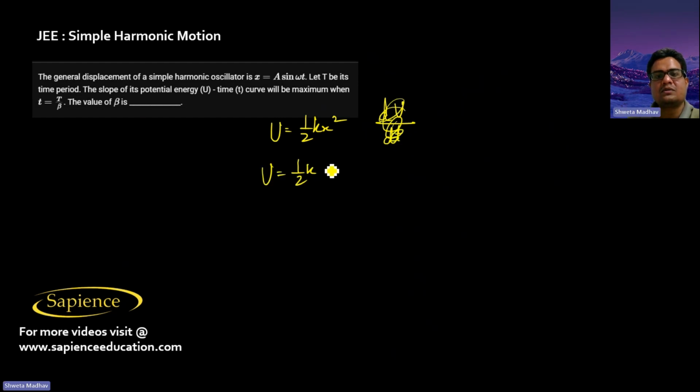So the potential energy U, we know that it is half k x square. So the slope will be maximum, meaning dU by dt is maximum. So U is equal to half k into a square into sine square omega t, which I can say is half k a square into (1 minus cos 2 omega t) by 2.